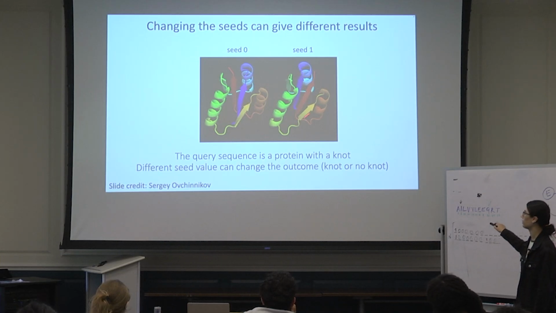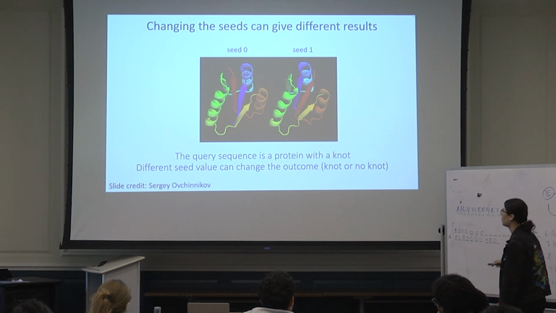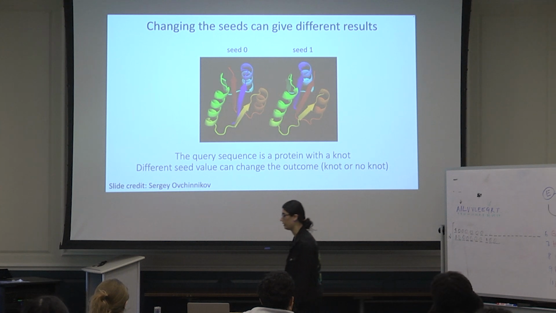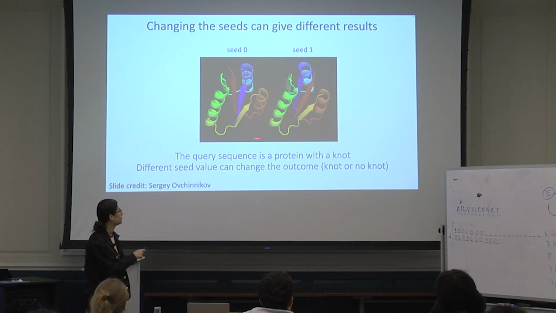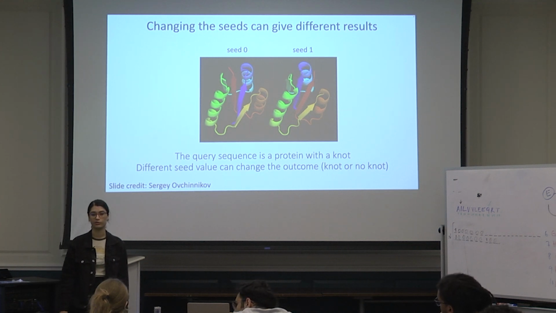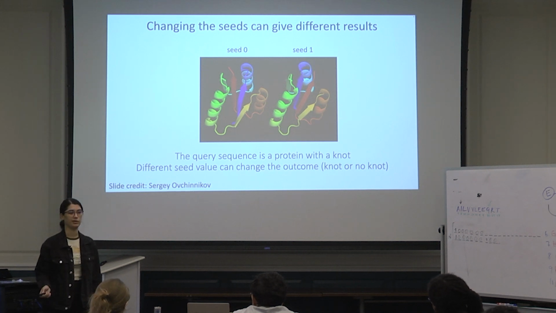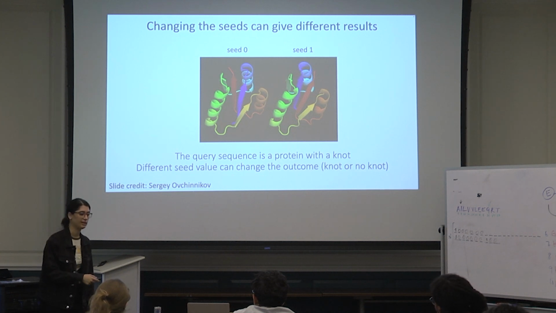In this case, you're looking at a protein whose query sequence has a knot in its 3D structure, and having seed 0 versus seed 1 changes whether it has the knot or not. That's interesting. For proteins that have slightly flexible regions, you might want to try different numbers of seeds and see if any of them are able to randomly get a little bit more accurate.